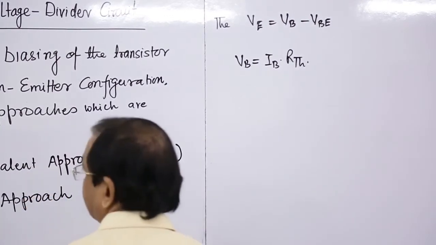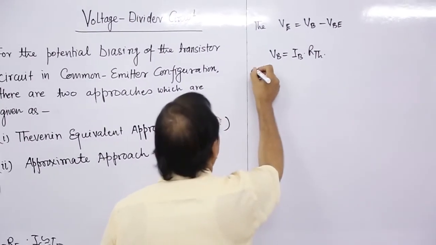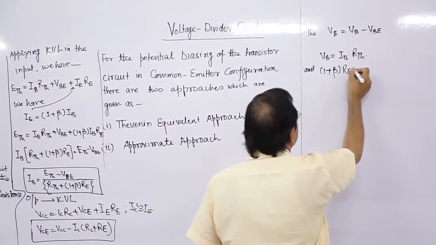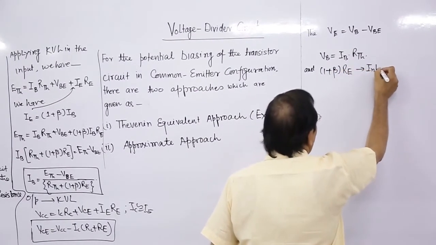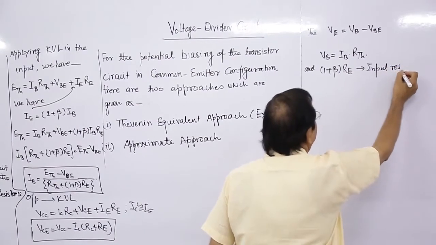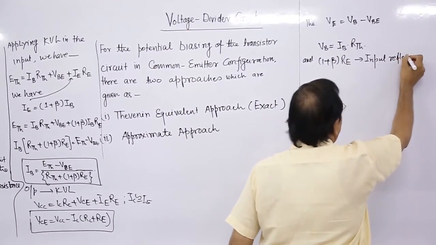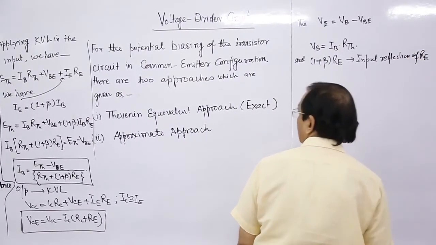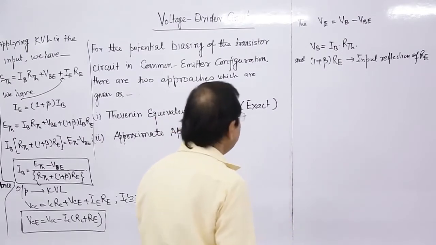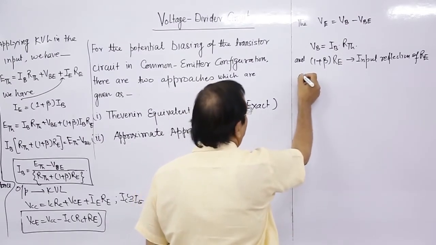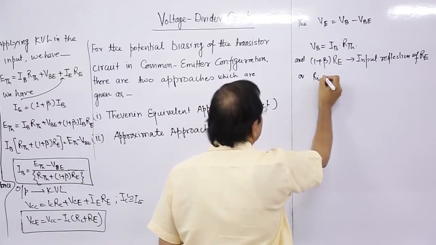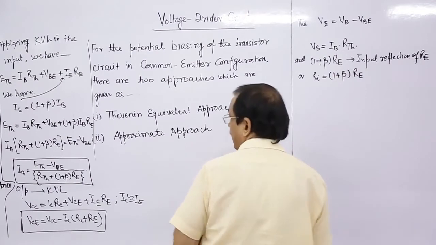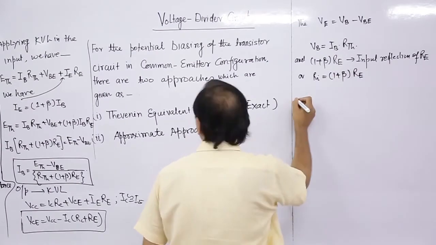And 1 plus beta RE is the input reflection of RE. That is sometimes RI, considered as 1 plus beta RE.